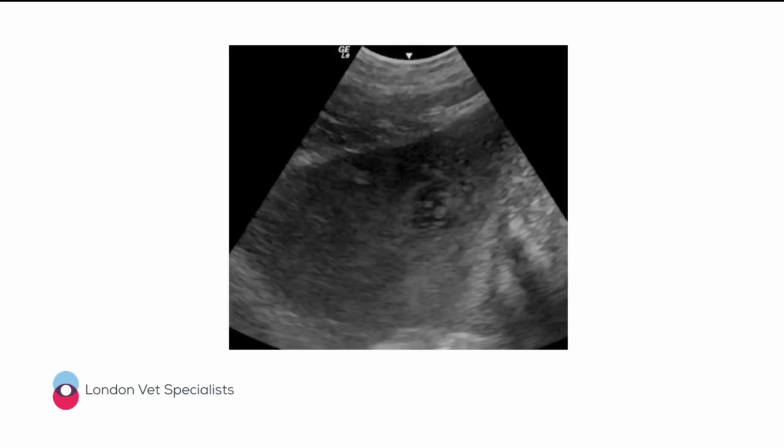So we've got an image here, and what we can see is some peritoneal effusion, which is here, and then we've got all of these echogenic particles in this effusion. So I would really classify this peritoneal effusion as being really quite highly echogenic, and this effusion and these particles are also very highly motile.